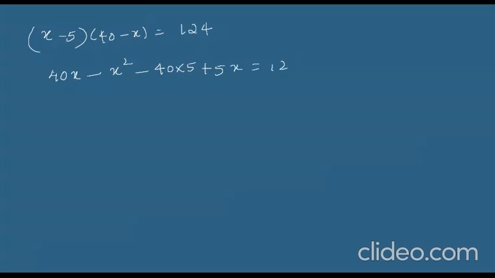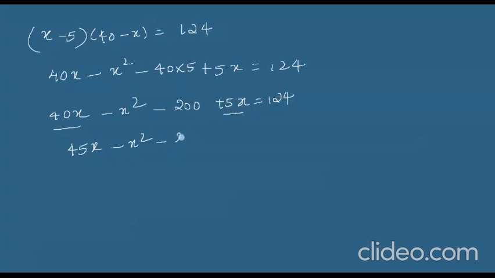Is equal to 124. Now this is again 40x minus x square. Then 5 fours are 20, negative sign with the 200, plus 5x is equal to 124. Let us take like terms together. This is 40x and this is 5x. Altogether 45x minus x square. Now let's take 124 to this side.